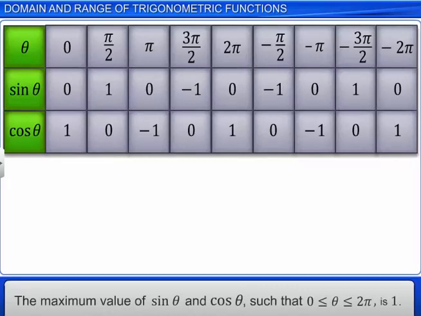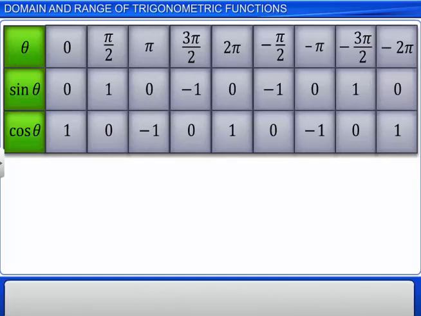The maximum value of sin theta and cos theta from 0 to 2 pi is 1. And the minimum value of sin theta and cos theta from 0 to 2 pi is minus 1. And if we increase or decrease the value of theta by an integral multiple of 2 pi, then the values of sin theta and cos theta do not change.